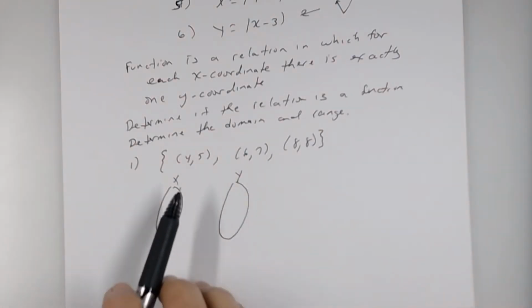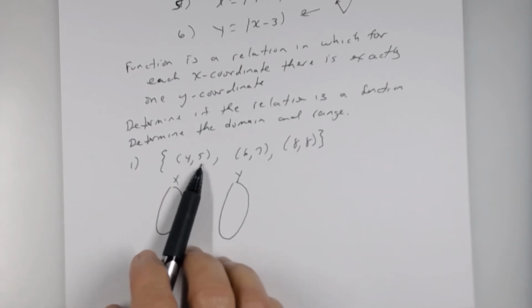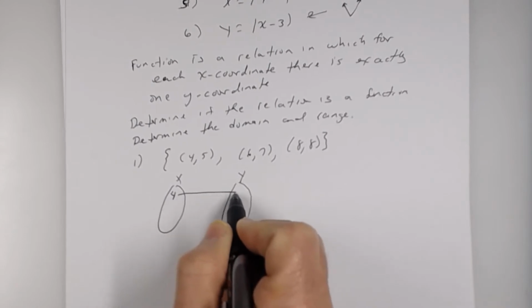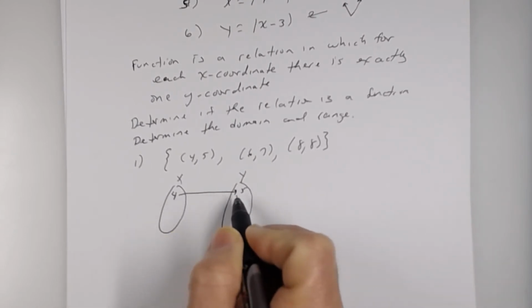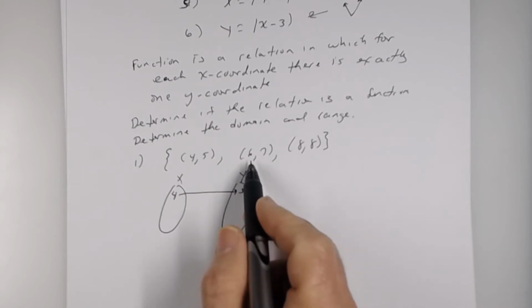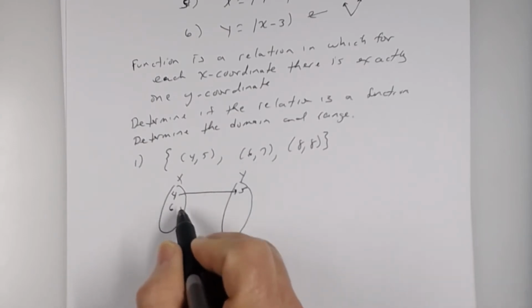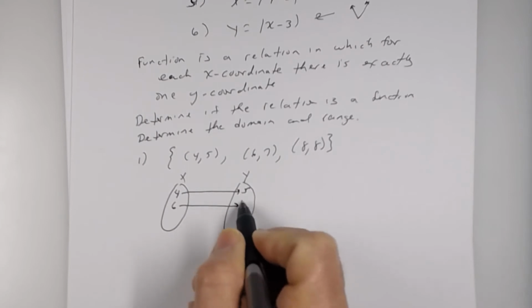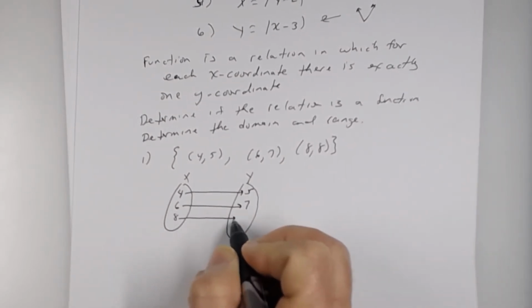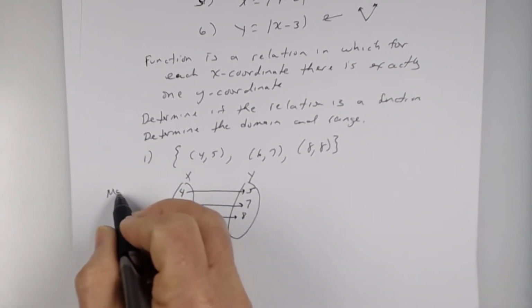When x is 4, what's my y value? 5. So 4 gets mapped to 5. Notice I'm putting an arrow to 5. The next ordered pair, 6, gets mapped to 7. And then 8 gets mapped to 8.